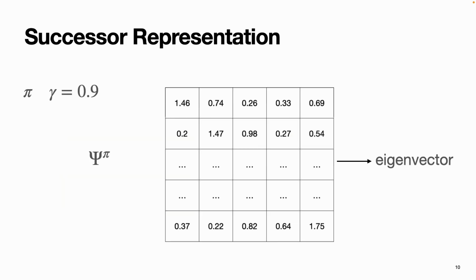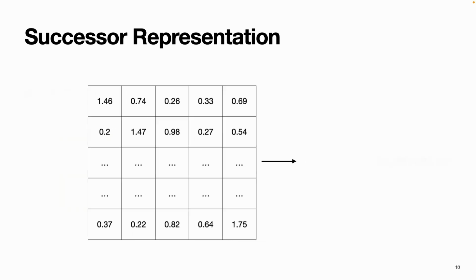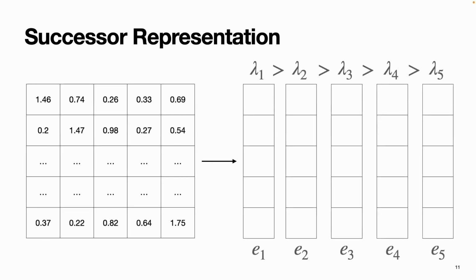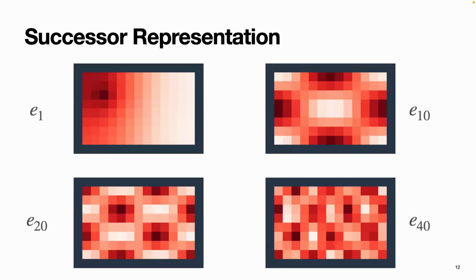And since this is a square matrix, we can take the eigendecomposition and get eigenvectors. So if we do that, we have a bunch of eigenvectors. We can order them by the eigenvalue in descending order. So here are some examples of eigenvectors that you can get in the environment that we just showed.